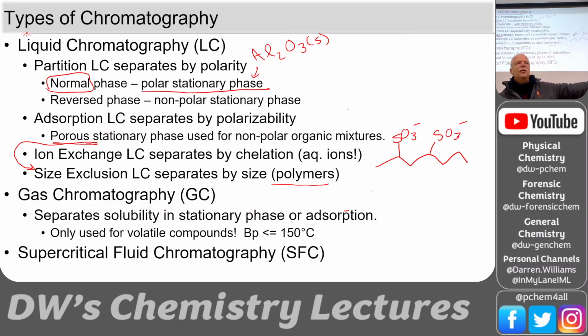Then if we have a solution of cations going through, sodium, potassium, NH4 plus, they're all going to interact with these acid groups differently, and so they'll come out one at a time. Sodiums will come out, then potassiums, then ammonium.